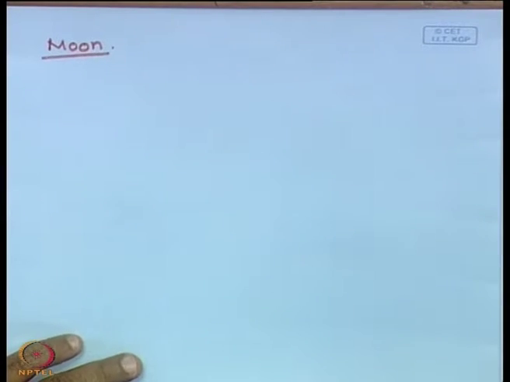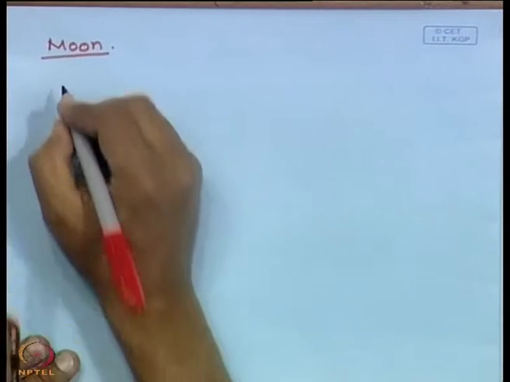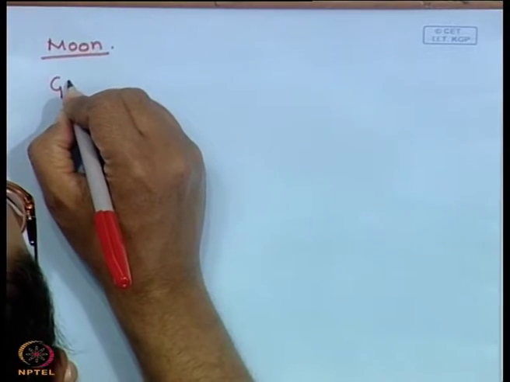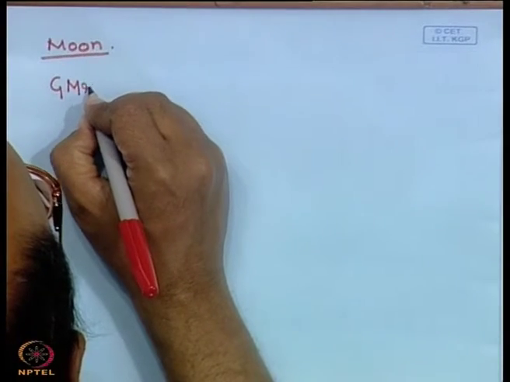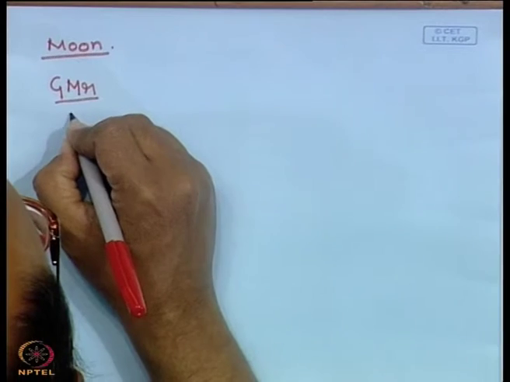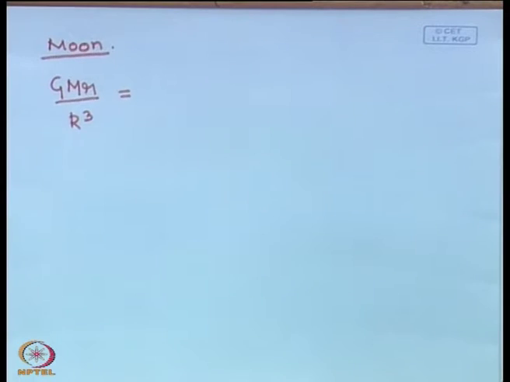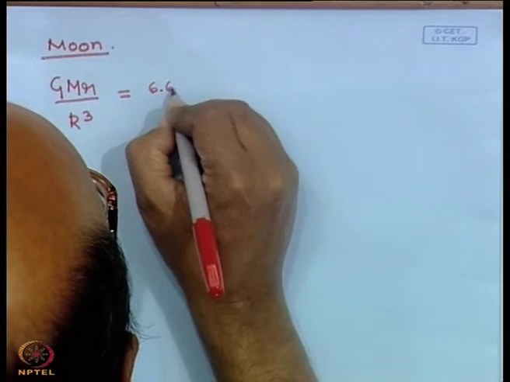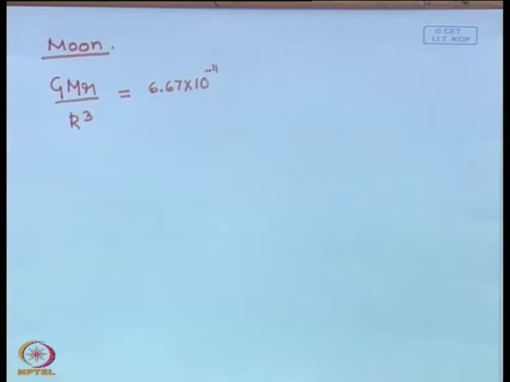Okay, so the tidal acceleration produced by the moon on the earth, we can estimate by calculating G into the mass of the moon, radius of the earth, divided by the earth moon distance cubed. Okay. So let us put in the values: capital G is 6.67 into 10 to the power minus 11 in SI units.